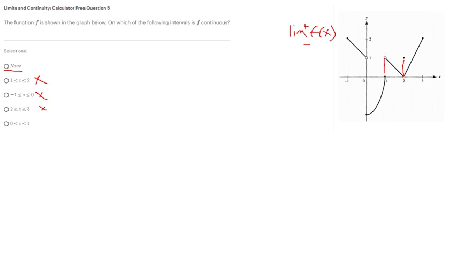And it's the same thing with 0, because it's not greater than or equal to 0. It is not included. So excluding both of those points, the function is in fact continuous on this interval, meaning that this is the answer.